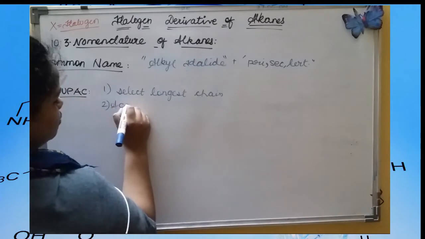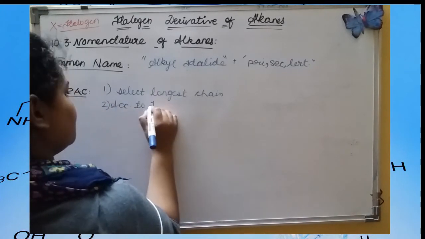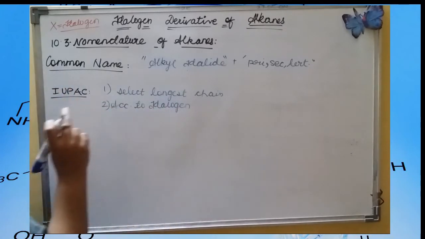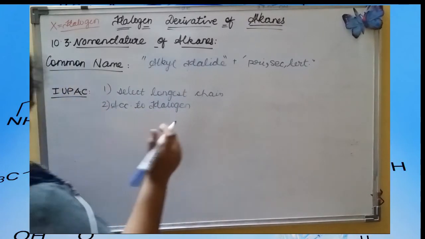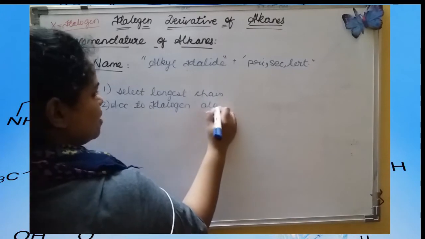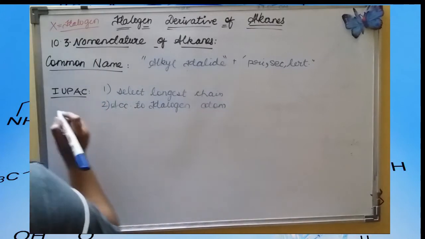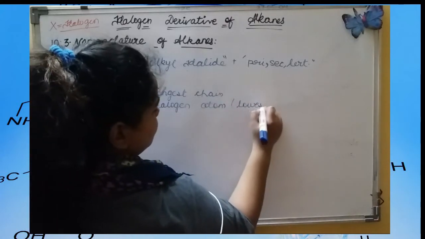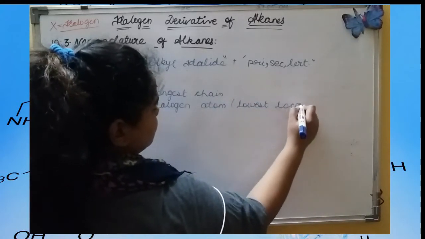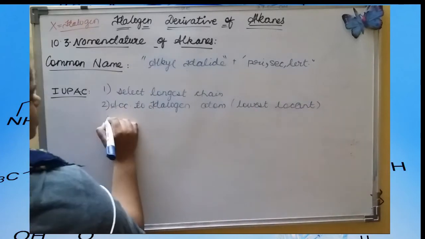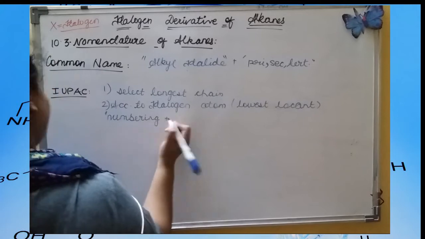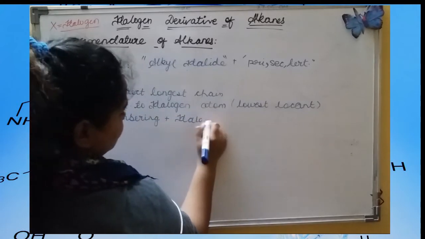According to halogen atoms, the lowest set of locant rule must be applied, which we will see. We must consider the lowest locant or the lowest number along with numbering, plus it should be named as haloalkane.